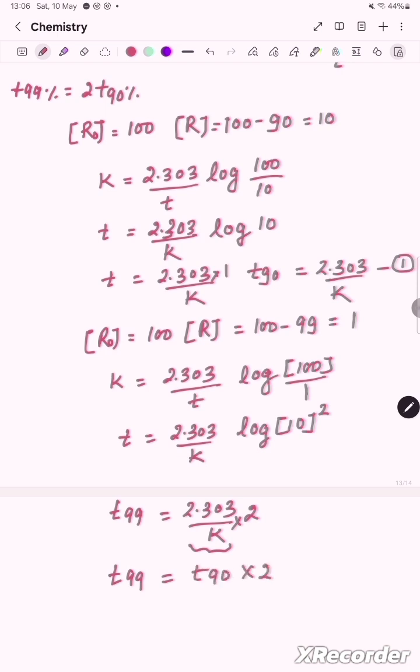So hence proved that time required for 99% completion of reactant is equal to twice the time required for 90% of the completion. So this is how you will solve this.